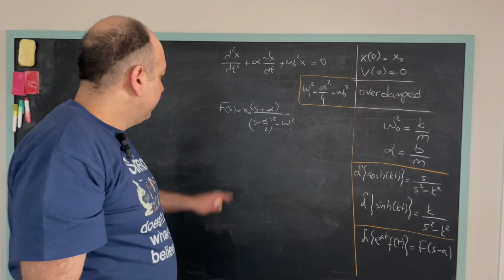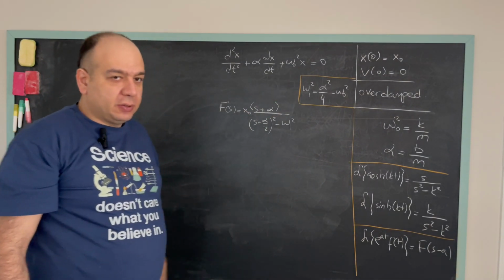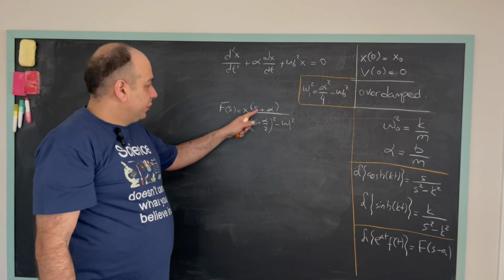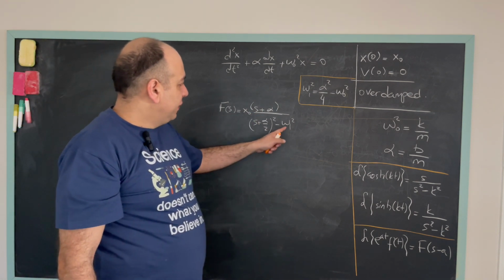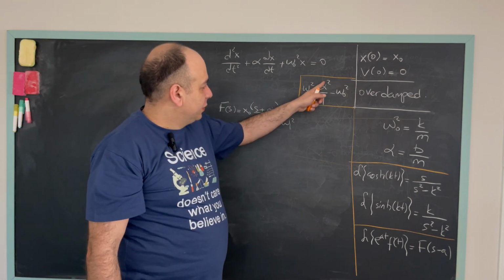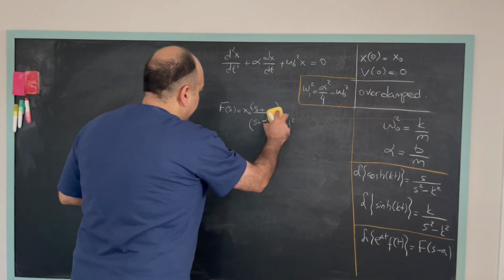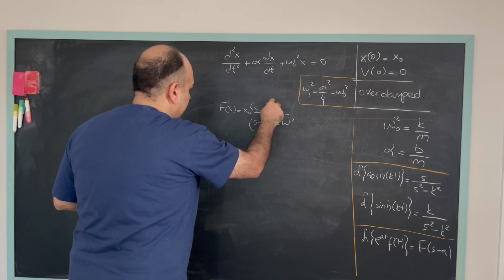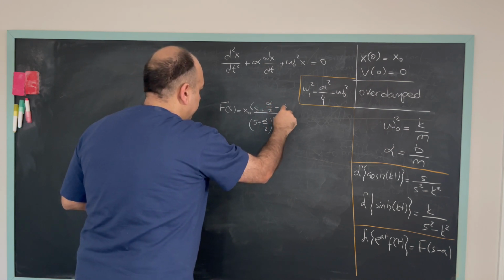So far we found the Laplace transform of x of t in terms of s here, and we define omega 1 square as alpha square over 4 minus omega naught square. As a common trick, we make this alpha over 2 plus alpha over 2.